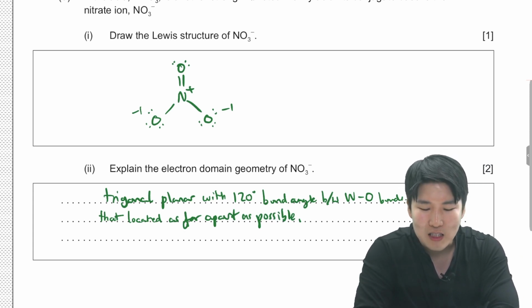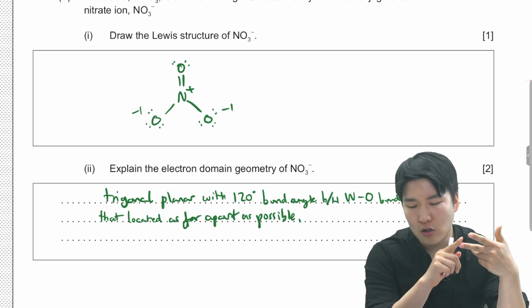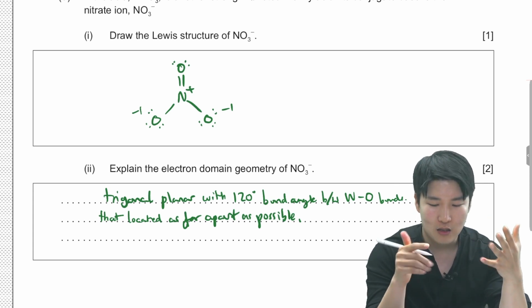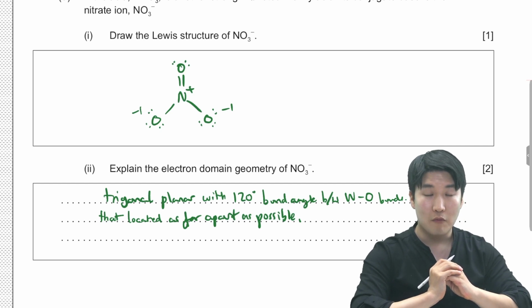This is how I would explain the electron domain geometry of nitrate ion: trigonal planar, bond angle, and acknowledge via VSEPR theory that the bonds are located as far apart from each other as possible to minimize repulsion.